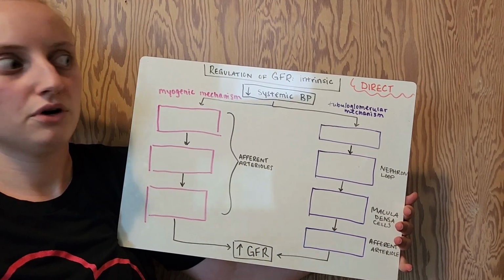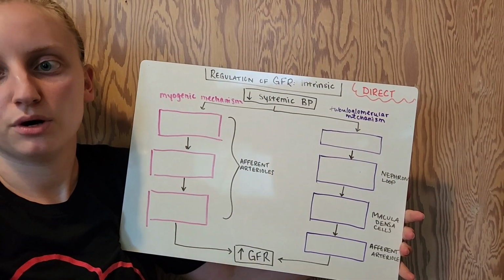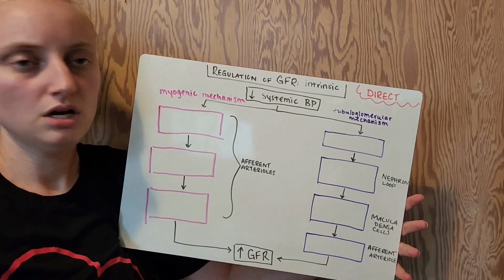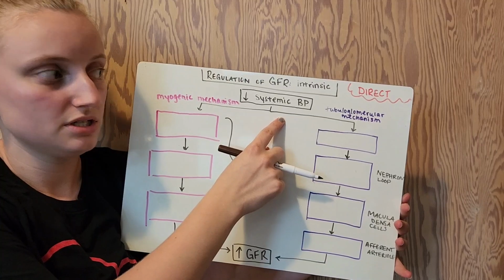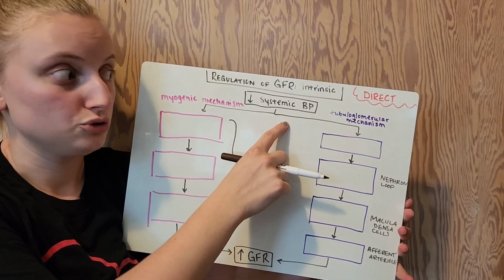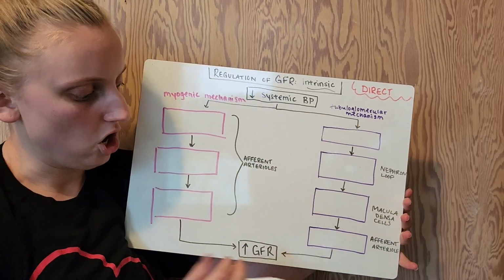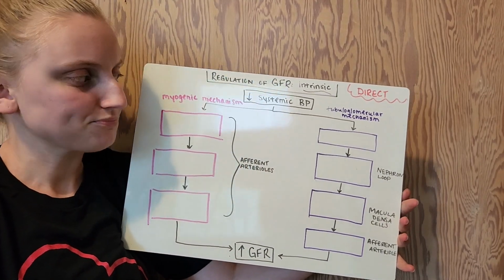And before I go into both of them, direct, intrinsic, these are both mechanisms of autoregulation. So we start with a systemic blood pressure drop in all these situations. For intrinsic, our goal is to increase glomerular filtration rate.